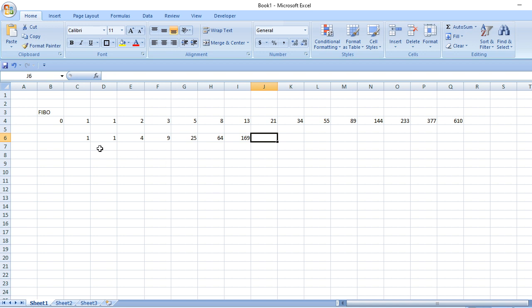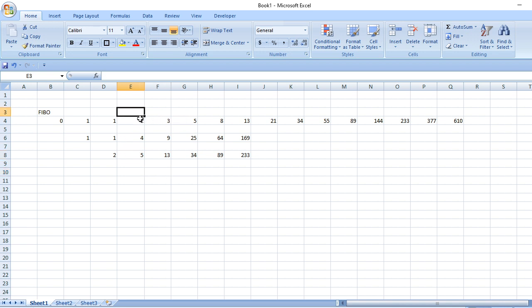Now if you look at these numbers, you may not be so surprised, but try to add any two of these numbers. What is this? 2. You can see that. Now what is the next number? This is 2, a Fibonacci number. If I add 1 plus 4, it is nothing but 5, a Fibonacci number.